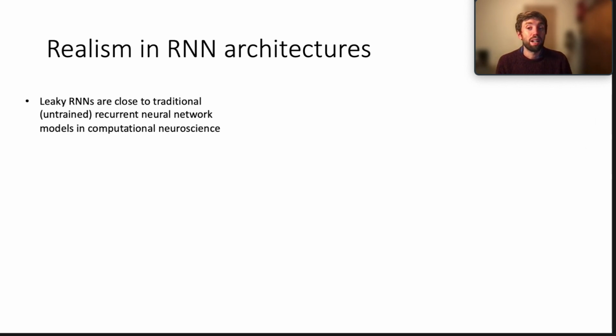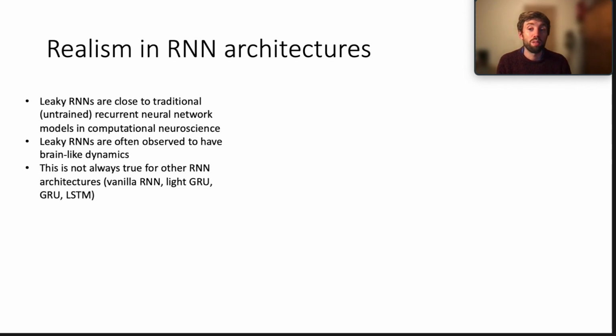And leaky RNNs are very close to traditional untrained recurrent neural network models used in computational neuroscience. And in fact, they remain quite popular in applying AI to neuroscience, as leaky RNNs are often observed to have brain-like dynamics in their neuron activities.